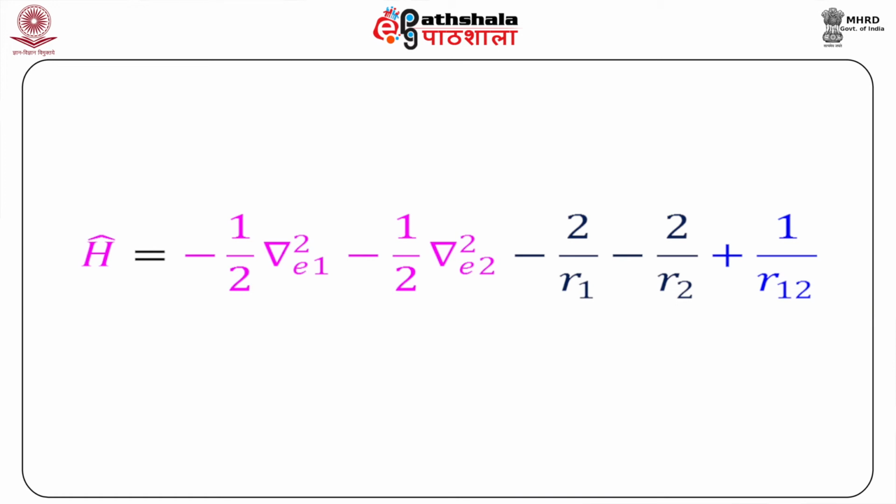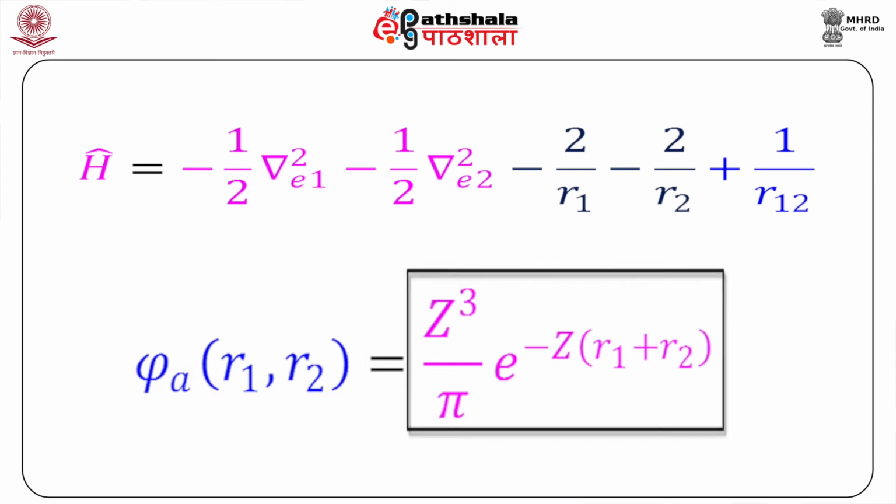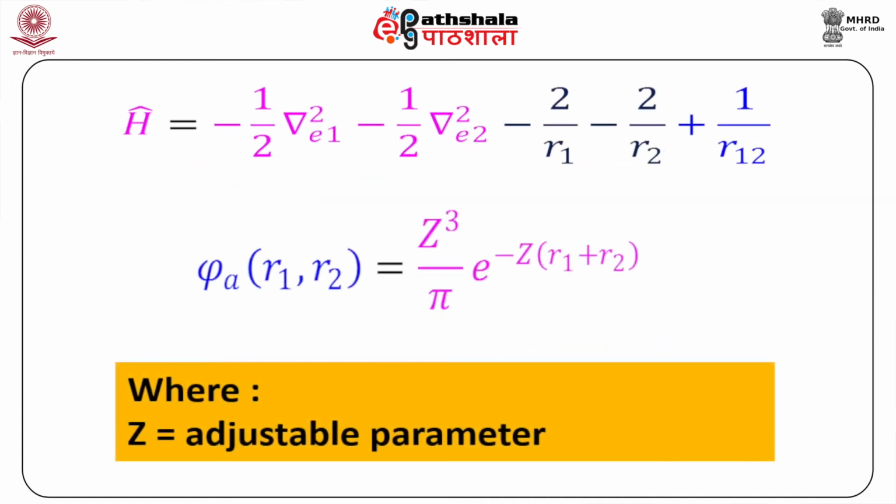Let the trial function be of the form as given in equation 12, where the trial function is expressed in terms of both the space coordinates r1 and r2 as z cube by pi into e to the power minus z times r1 plus r2, where z is an adjustable parameter.